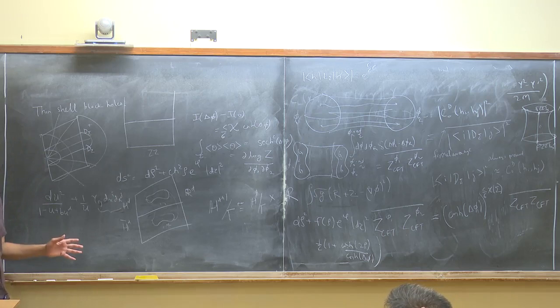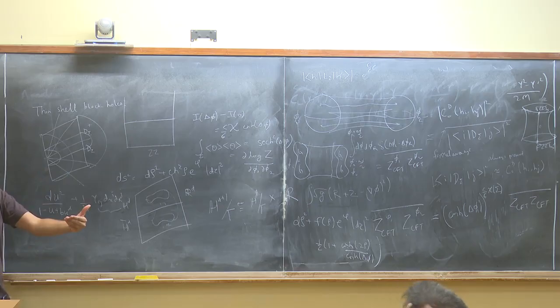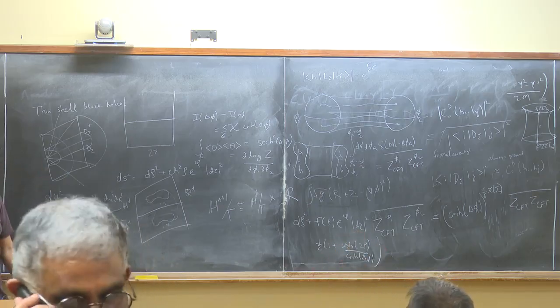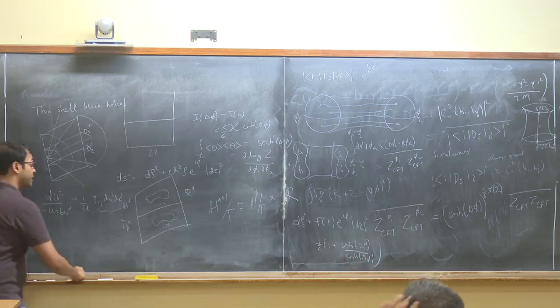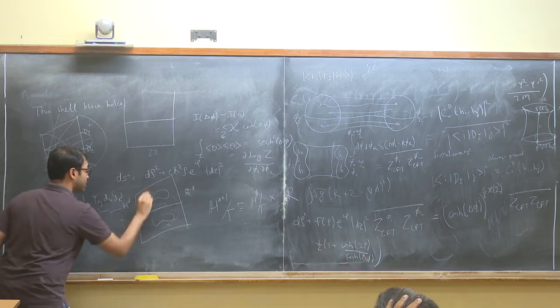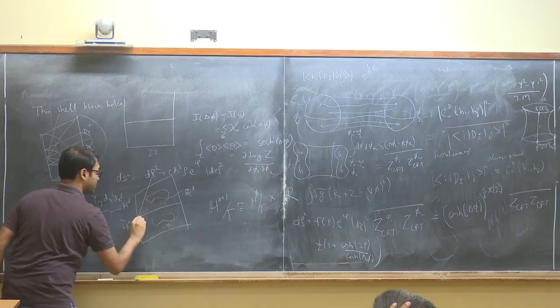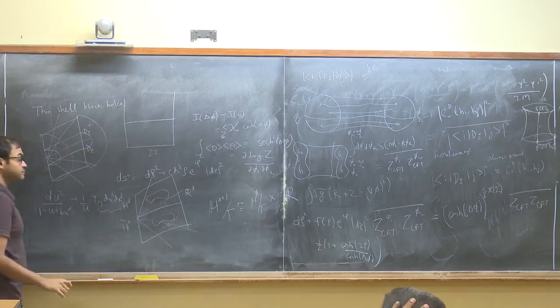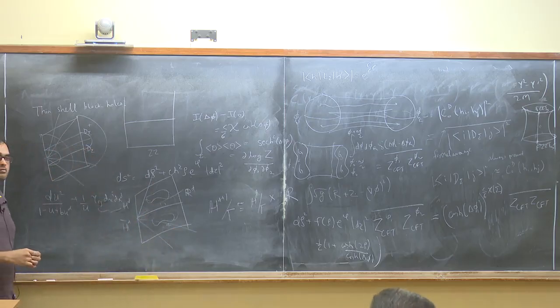In general it's not true, but in this case the dilaton profile only depends on the rho coordinate instead of the transverse coordinate. Yeah, I do this foliation, this hyperbolic slicing, and everything is the same on those slices. That's how the symmetry acts on the slice.